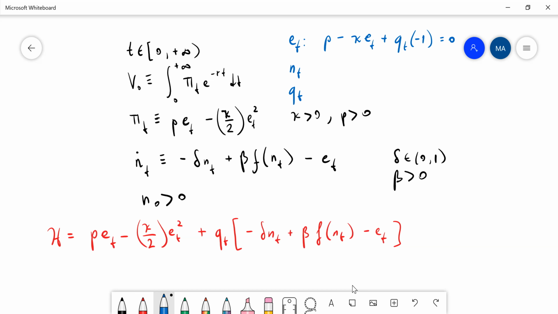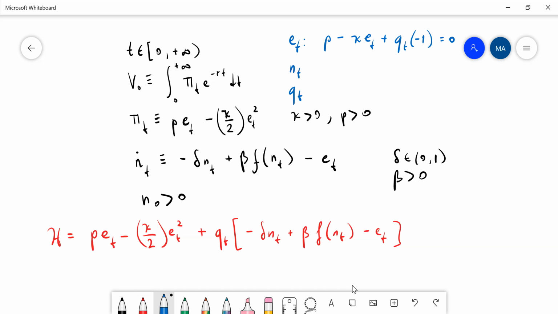All right. So let me use this side with a different color. So again, I have one condition that tells me this. Okay.